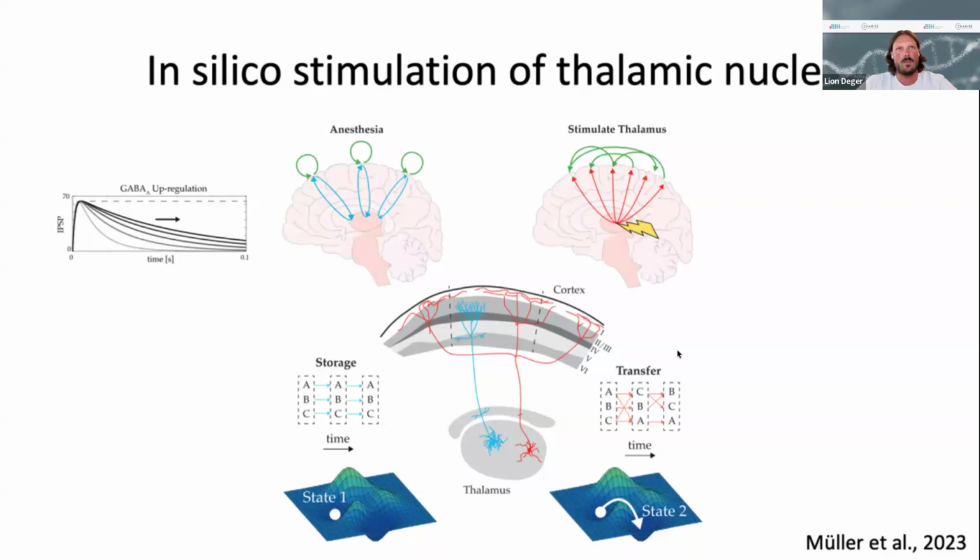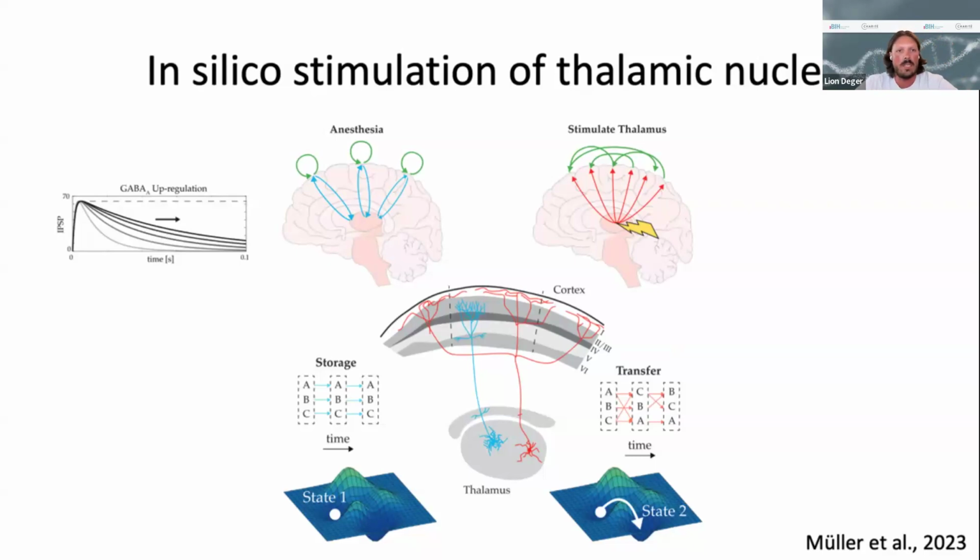Okay, so the takeaway here is that we know that the heterogeneity in the cortex is a relevant mechanism, and so is the importance of the matrix thalamus, or the non-specific thalamus.